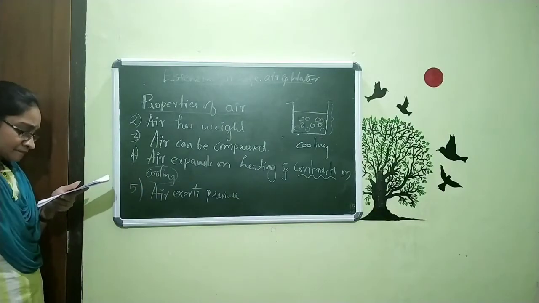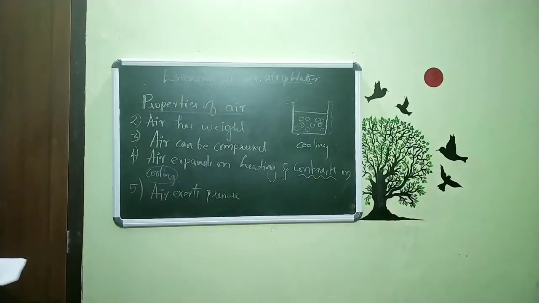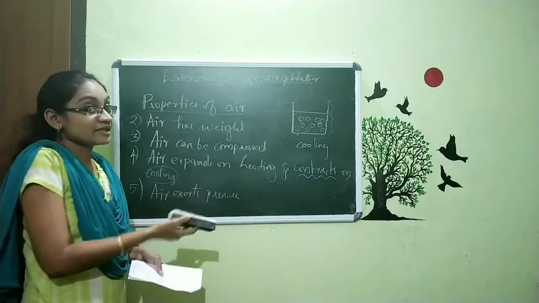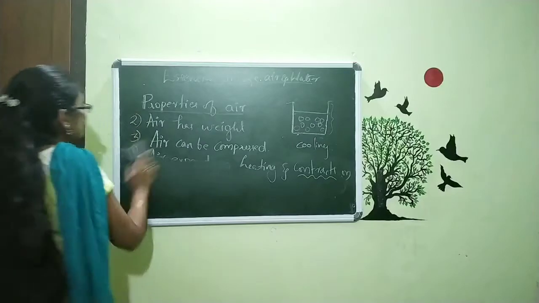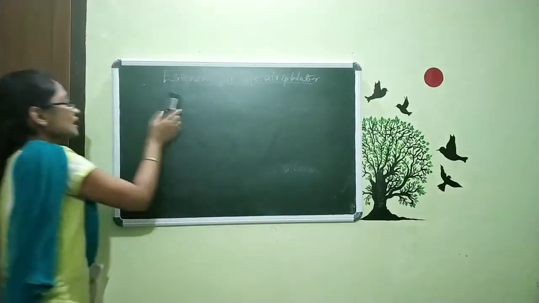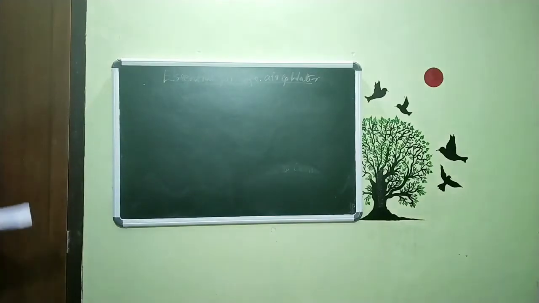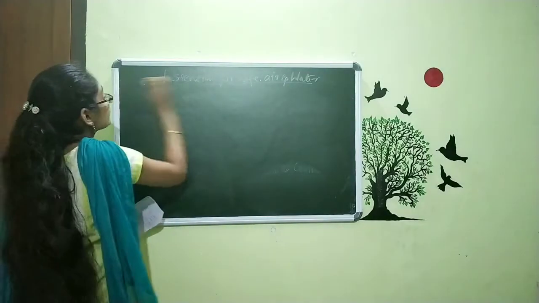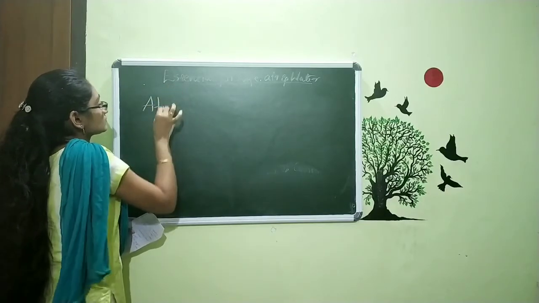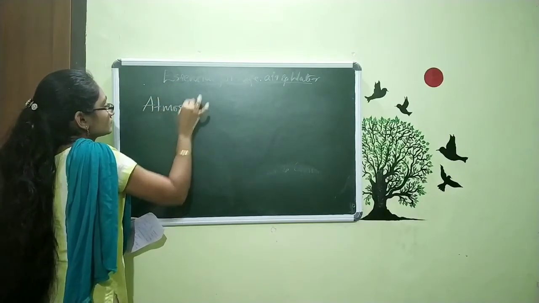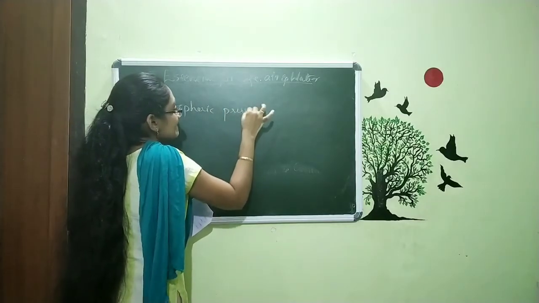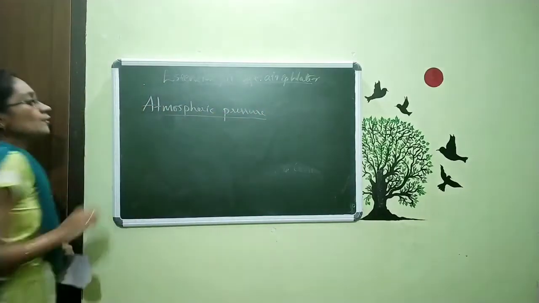Very simple. And here you want to remember, within this pressure exerted by the air, we want to study one term. The properties of air are completed here, and now we are focusing on a particular term, and that is the atmospheric pressure. Very simple.